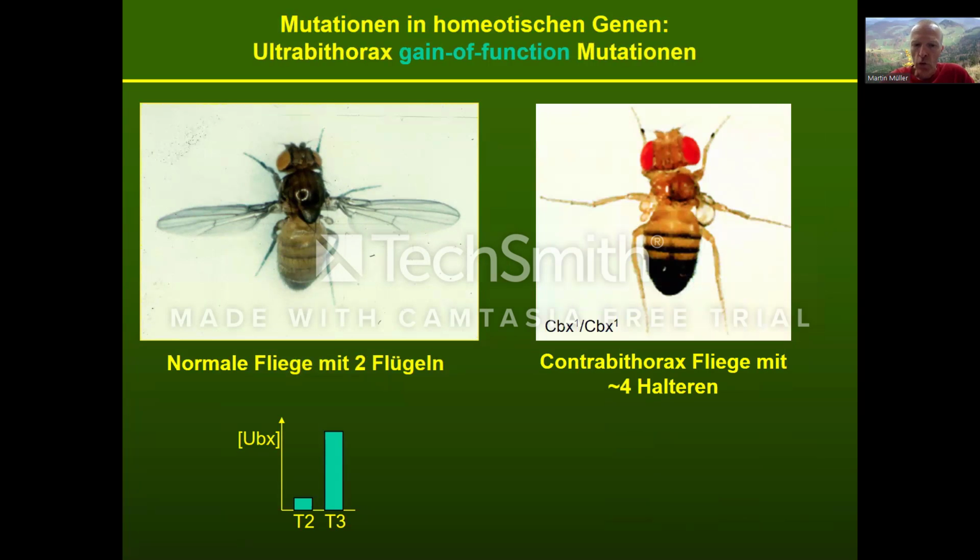What happens now in the alternate situation where we cause more UBX in T2, keep the levels of UBX in T3, but increase the levels here to a higher level?